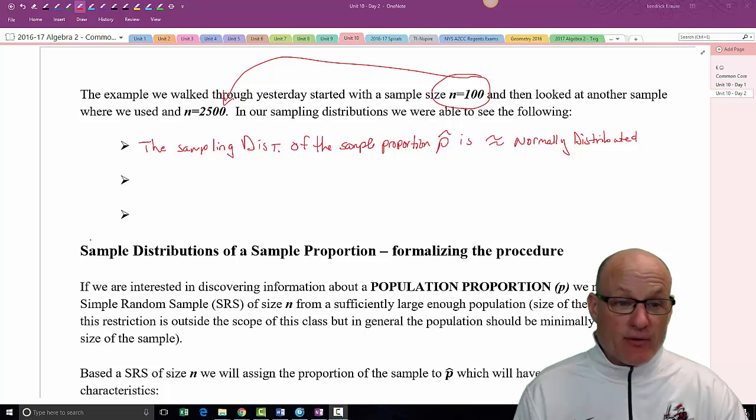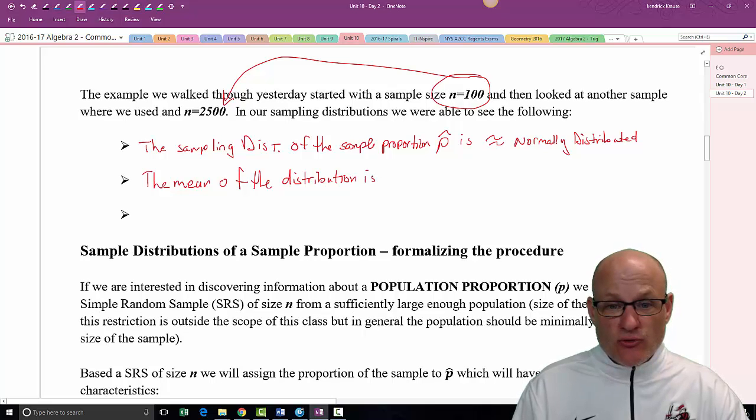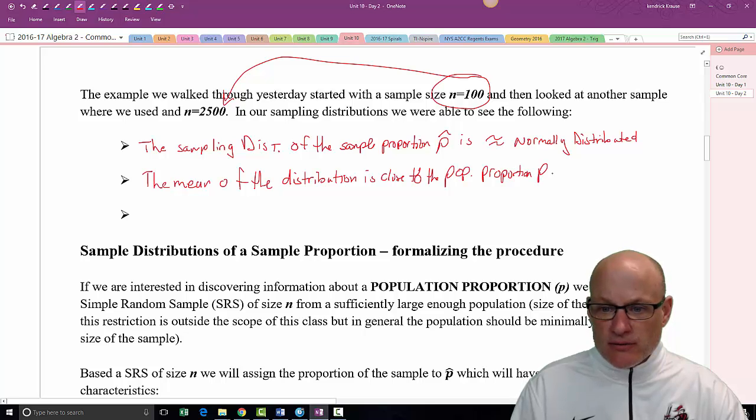Okay, so what's our second thing we said? Okay, so the mean of the distribution is close to the population proportion p.